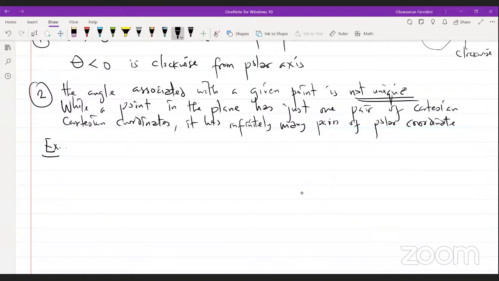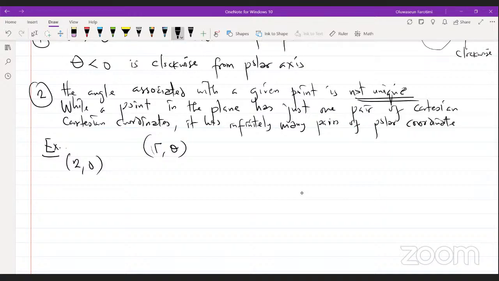Suppose I want to draw, in polar coordinates, the point (2, 0). Remember, it is (r, theta). This r is just the distance from the origin, and this is the angle. Here my r is 2.